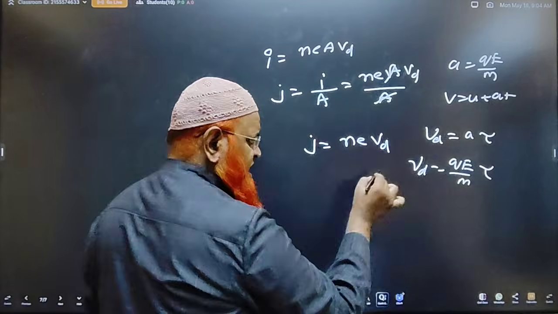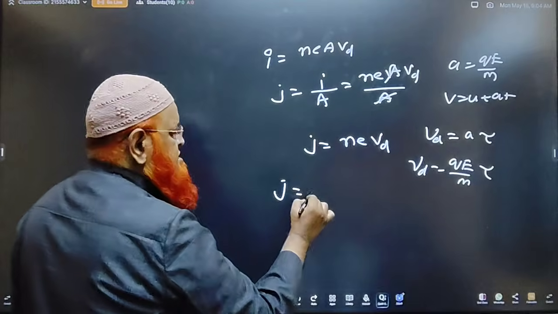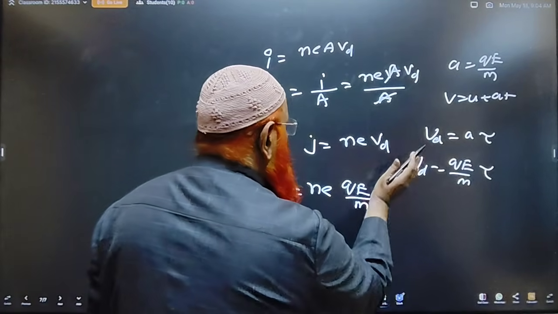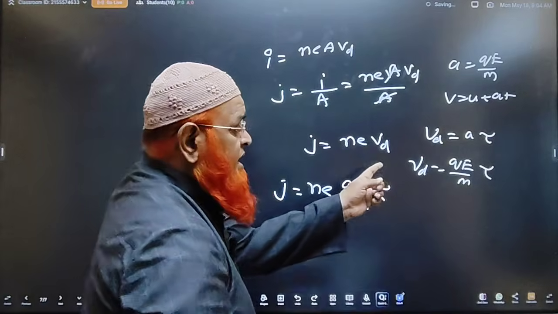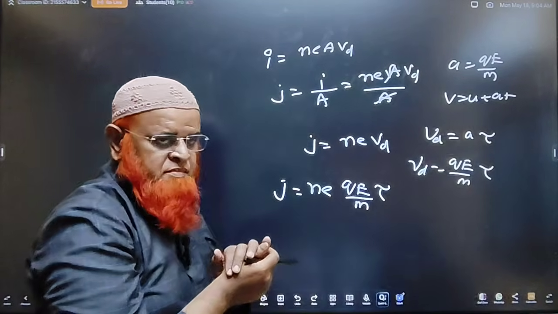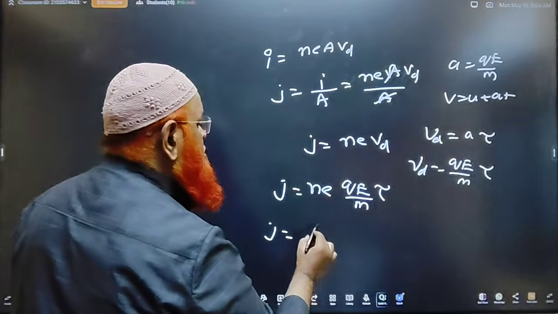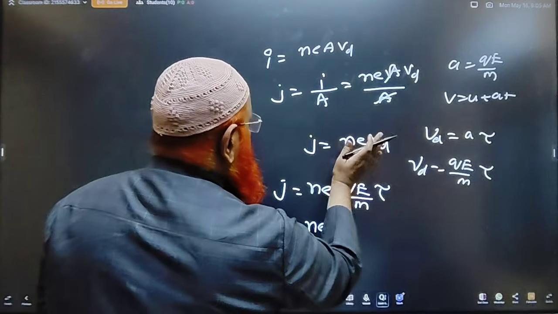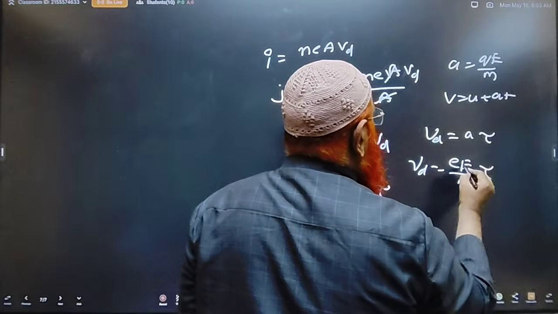Is it okay? So that which I already derived, I'll substitute here. n e into vd, where vd is nothing but qE by m into tau. That is the formula for vd. This vd I substituted in here. Now I'll substitute the vd in current density. Then what I'm going to get? So J is equal to n e q by, this q is nothing but e, single electron, I will take it as e.